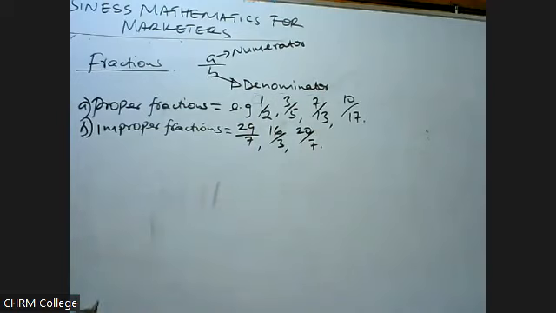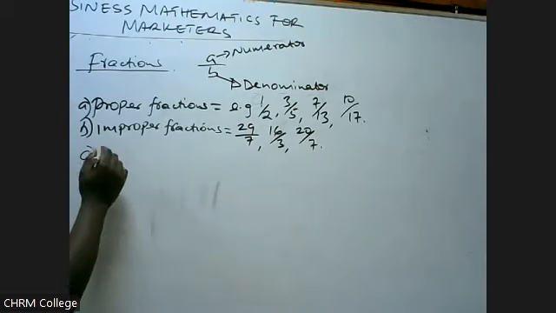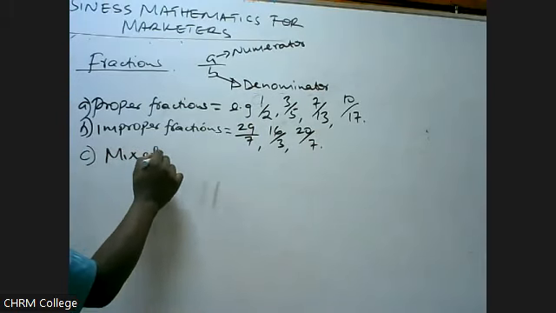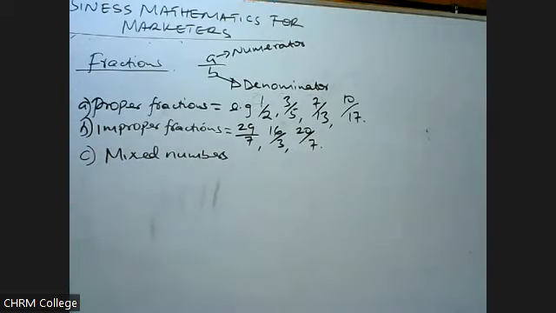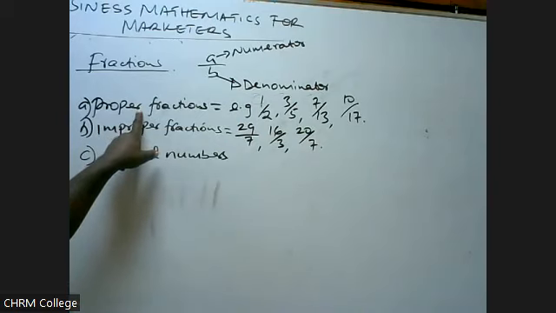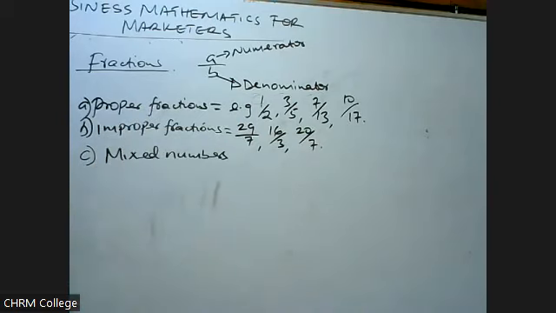Then we have got C, what we refer to as the mixed numbers. These are a proper fraction with an integer. A fraction that comprises an integer and a proper fraction.